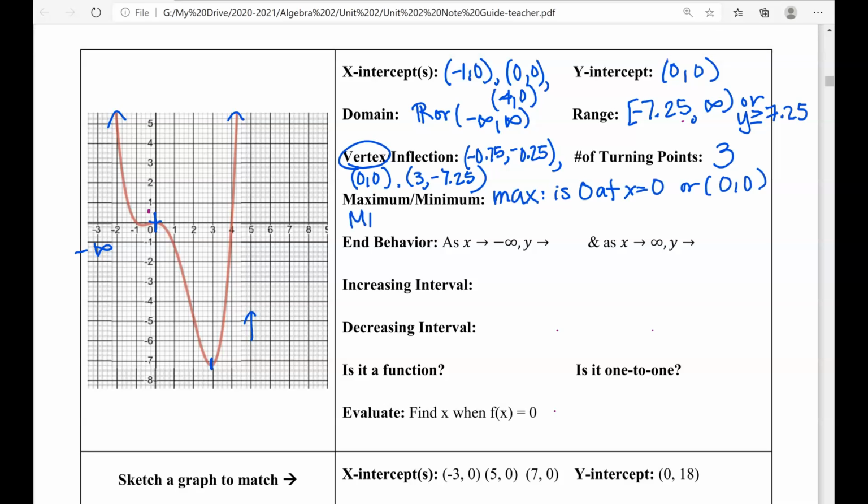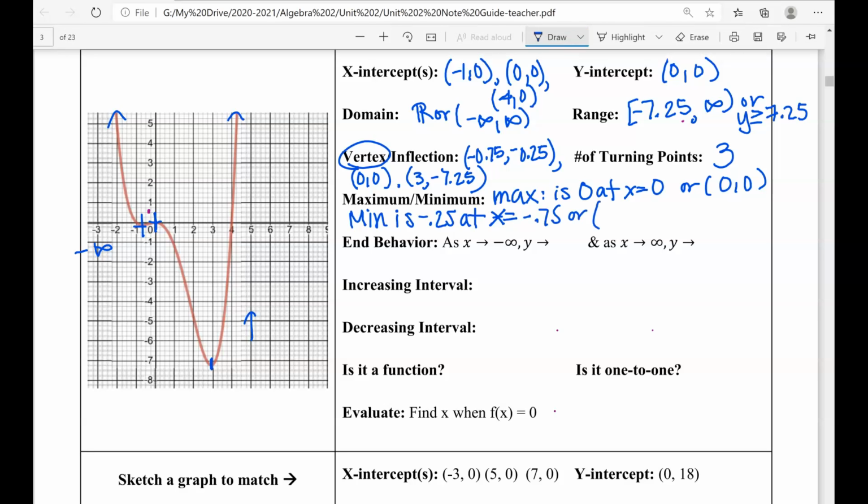We also have a couple of mins, right? We have the first min, which is this guy right here, and we said that was the vertex. So min is -0.25 at x equals -0.75, or we can write that just like the vertex, -0.75, comma, -0.25.